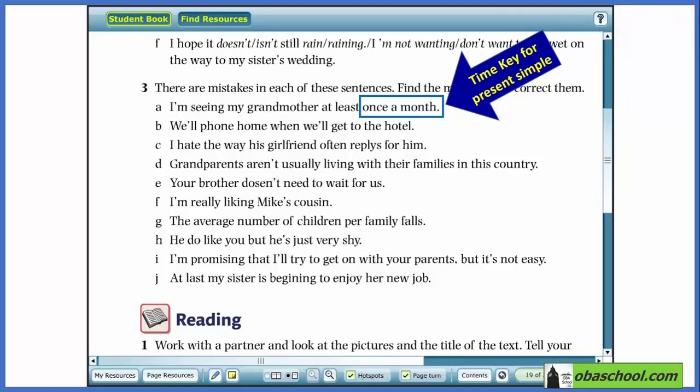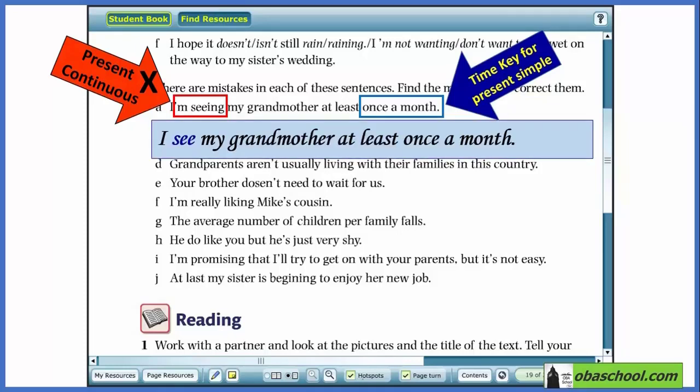So, the mistake is in the verb I'm seeing because it is in the present continuous. We have to write the verb in the present simple in order to be correct. If the subject in the sentence is I, then the verb has to be in its base form, which is see. I see my grandmother at least once a month. This is the correct sentence.